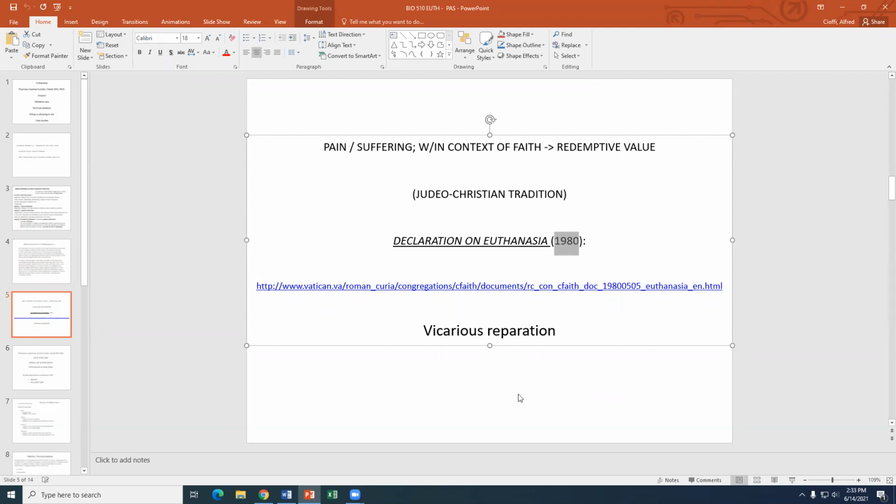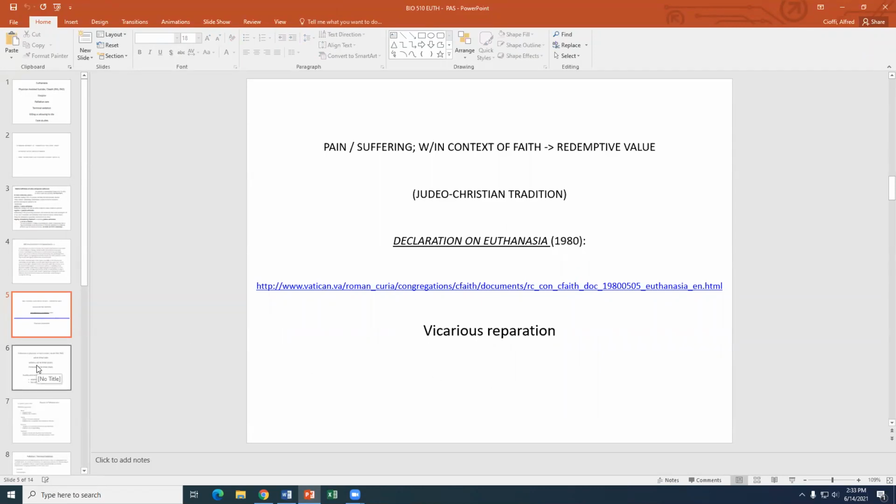It's not a long document. It's one of these booklets, and you can download it in whatever language you wish. There is a section there that is devoted precisely to the redemptive value of suffering, when suffering comes, and to help us deal with it. Okay, so that's more on the spiritual side of things.